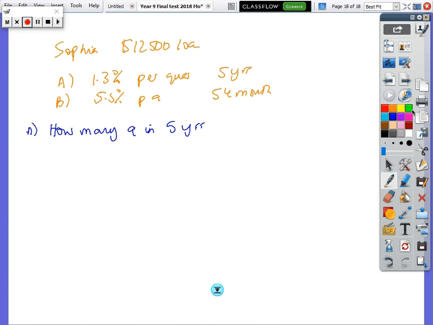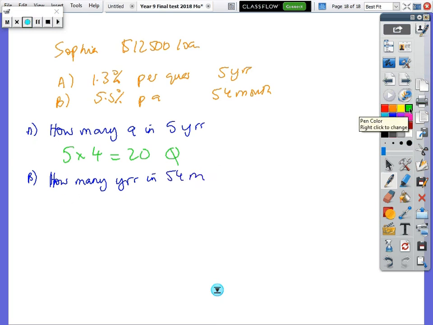So the answer is 5 years have 4 quarters, so you have 20 quarters. The next question said how many years in 54 months. So you have 54 divided by 12, so it's 4.5 years.